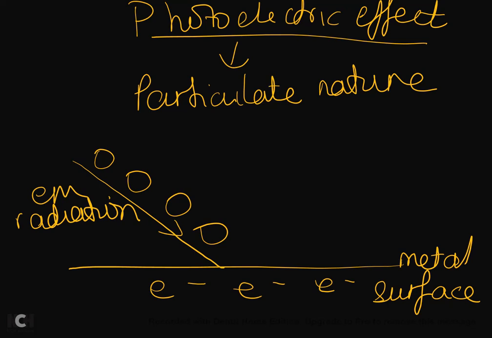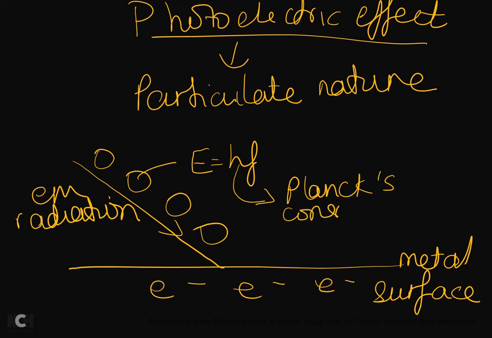Photons are like little packets of energy, and the energy of one photon is E equals hf, where h represents Planck's constant, and that is given as 6.63 by 10 to the minus 34 joules per second.